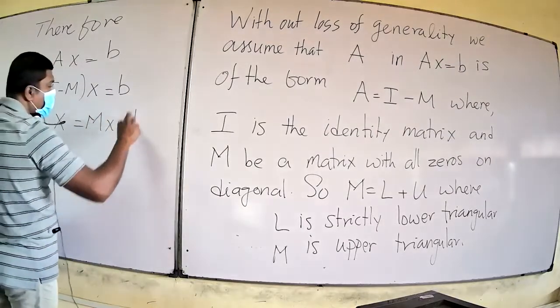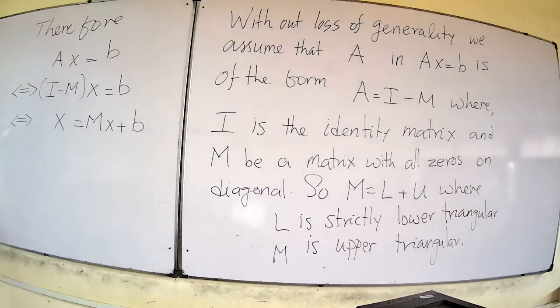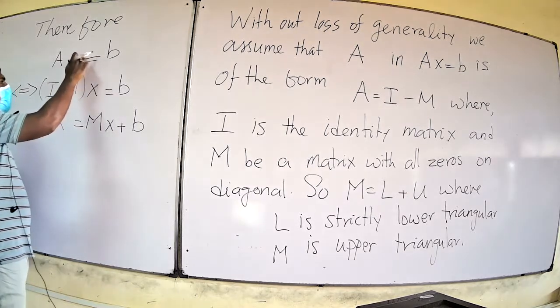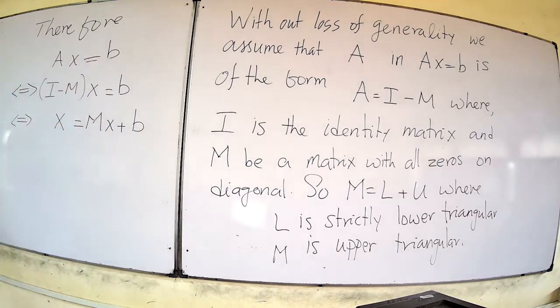I wrote similar results in the beginning of the class as well. But there I took the diagonal term and multiplied by D inverse and so on. Later on, we observe that you can just divide by the diagonal term first and then do the iteration.